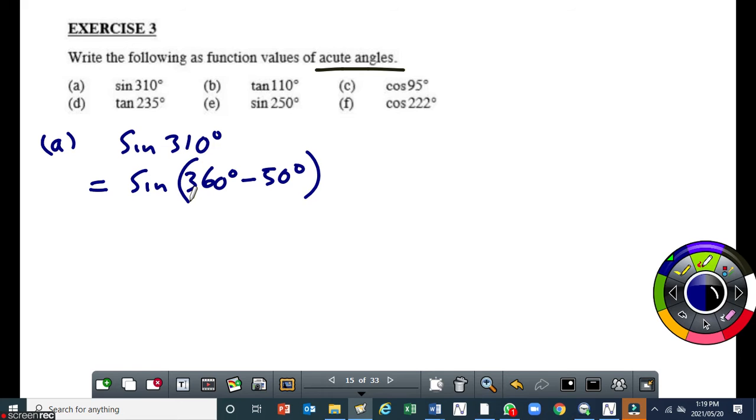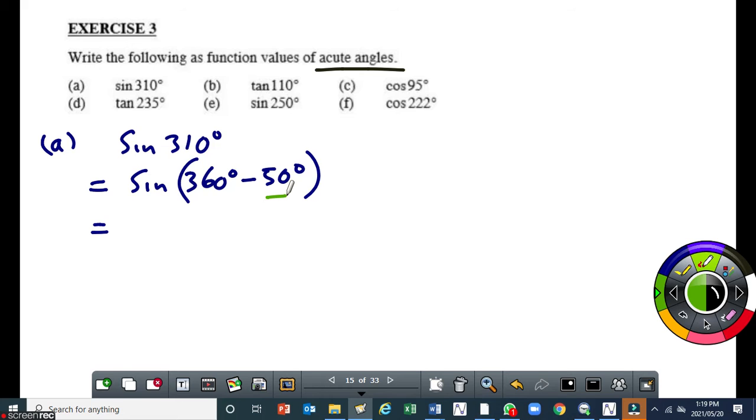And your knowledge of quadrants is required. In actual fact, in this grade, you need to know quadrants more than last year because of the reduction formula. Then here, this 50 degrees is like your theta in the reduction, this theta here.